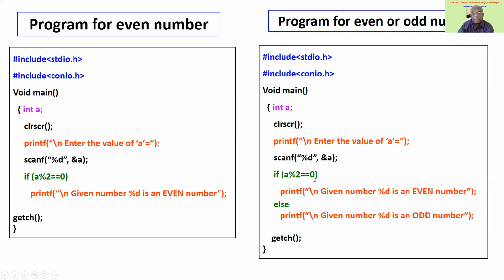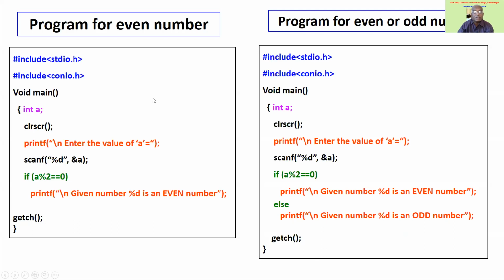If yes, then printf given number %d is an even number. If not, come to the else case, and there I have to declare that the number is an odd number. So printf \n given number %d is an odd number, getch.